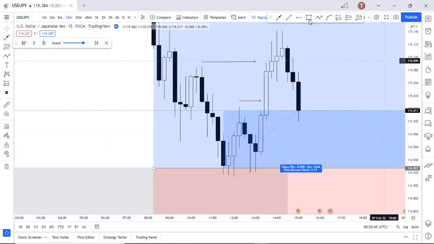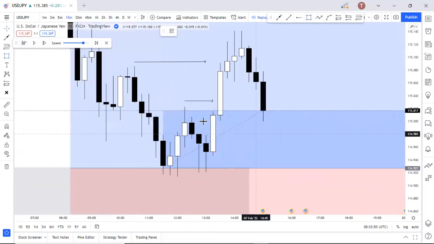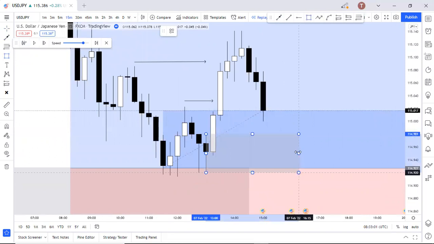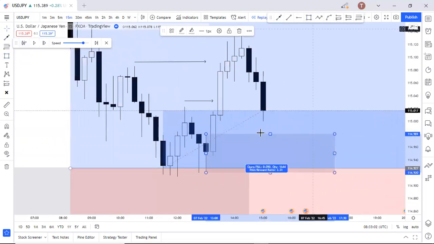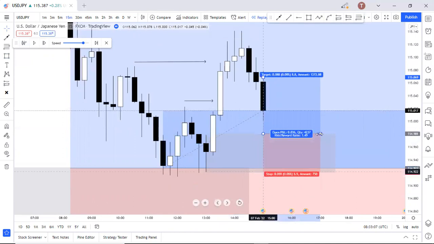We can also see that when the market pushed all the way up, we had some imbalance left behind. Like this, we had some gaps around the zone that was left behind. So we also had this other block right here. So this was another entry opportunity for a buy with just 6 pips stop loss.